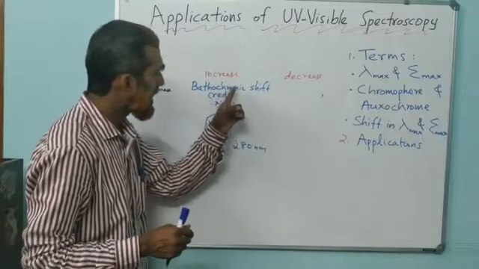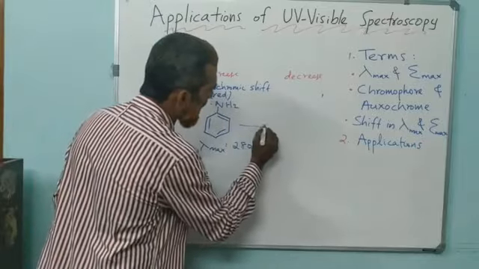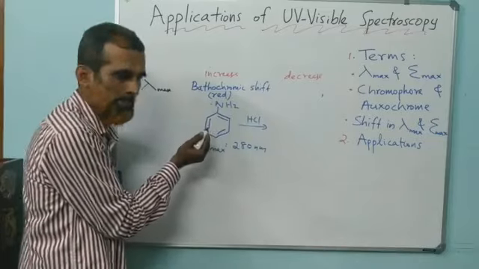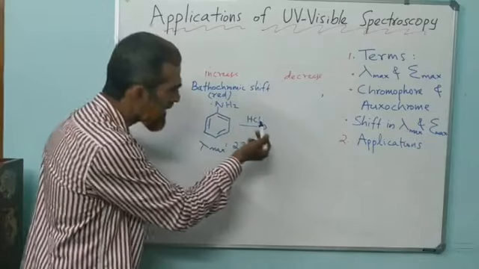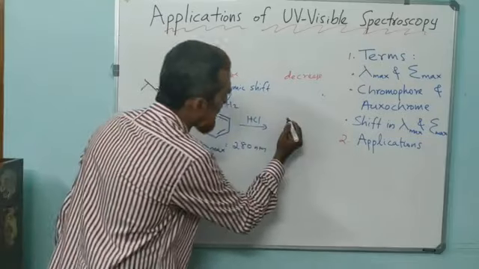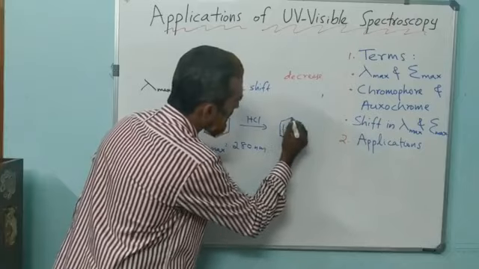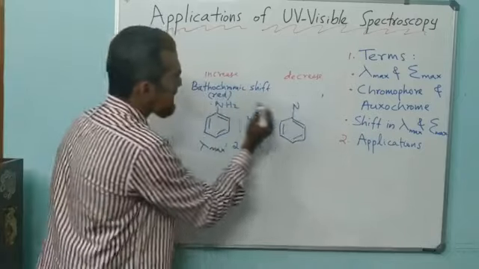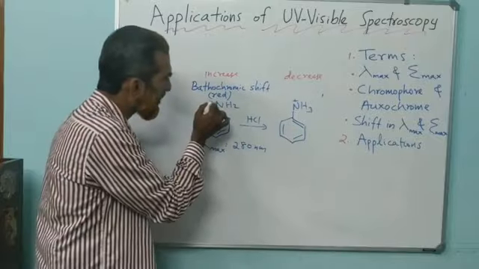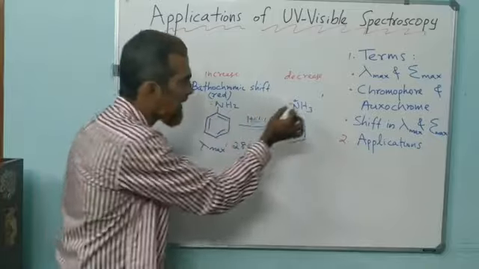Sometimes lambda max may decrease due to some reason. For example, to aniline, if you are adding HCl, that means this is base, amines are basic because of the lone pair on nitrogen, and you are adding HCl. So H plus will attack this nitrogen and it gets protonated, NH2 will become NH3 plus, right? Because the lone pair will be taken for this H plus to bond and it becomes NH3 plus.